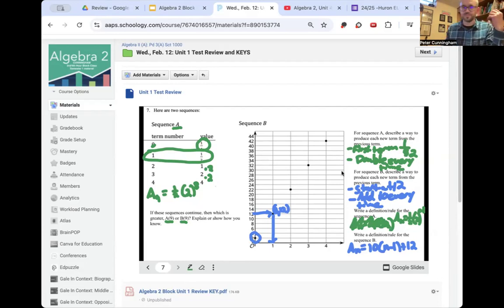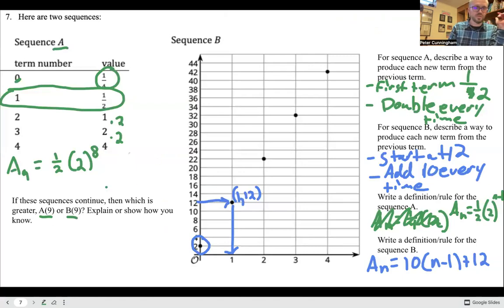Let's double check. Got to go back and fix that other one anyway. All right, so 2 to the power of 8 gives us 256. Multiply that by 1/2. And that gives us 128. Yeah, so if you looked at the printed key, right, I was working with the wrong rule, so double check here.